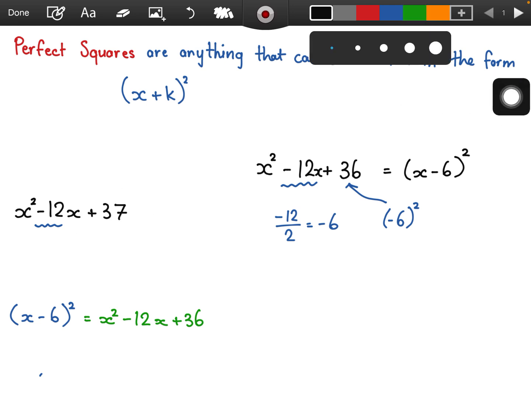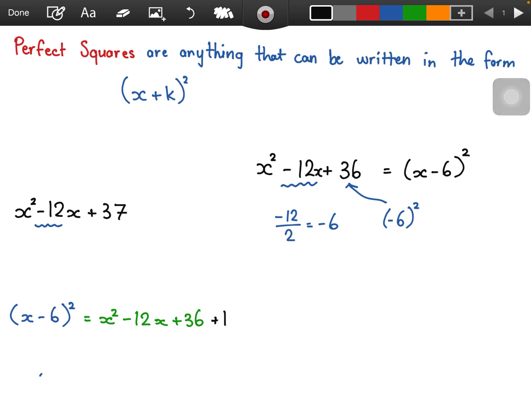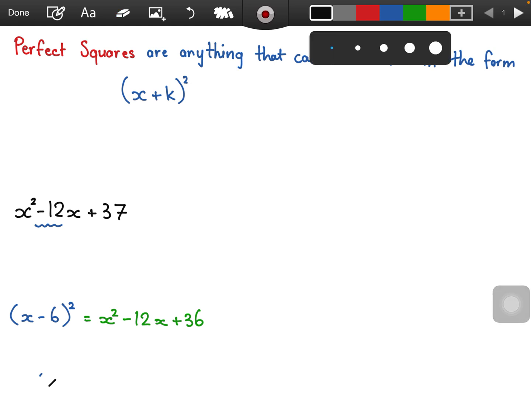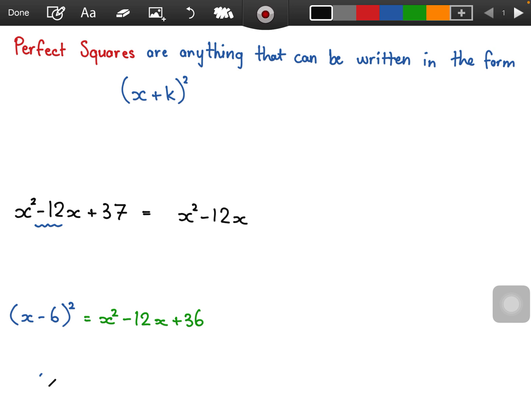So I also need to add 1 on the end of that to get back up to what I want here. So what I'm going to do is rewrite this out as what I know can be written in square form. So I'm going to rewrite this out as x squared minus 12x plus 36.